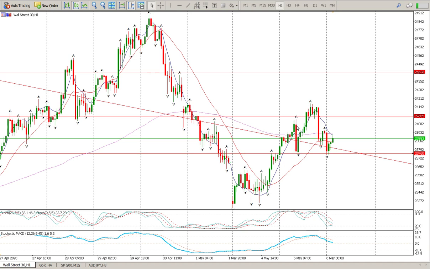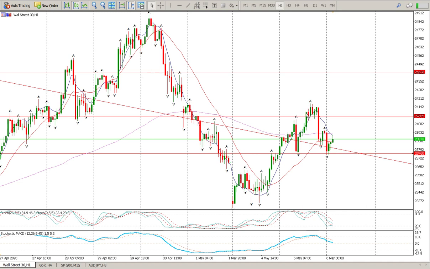This big bar was basically based on some noise out of Germany, and then it kind of recovered, moving up to the 50% Fibonacci. So this level here, which is on the daily, we got above it and stayed above it for 5 hours.